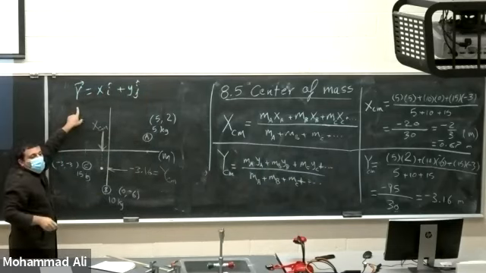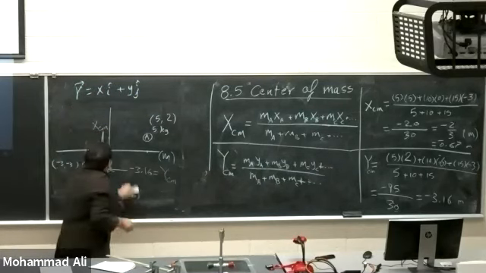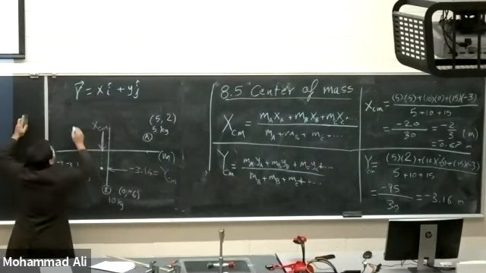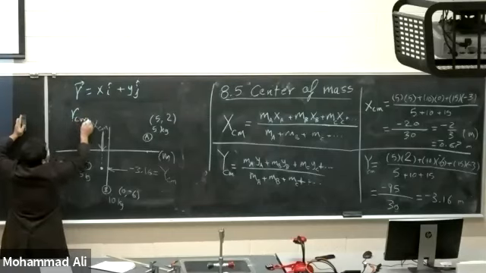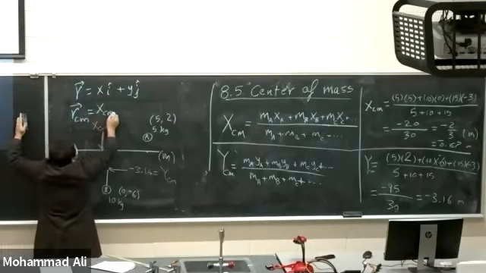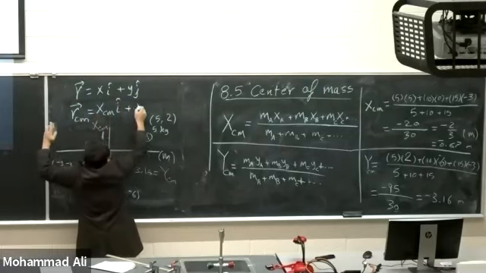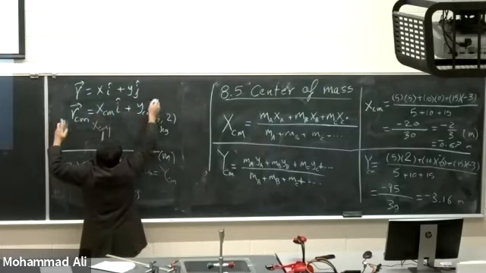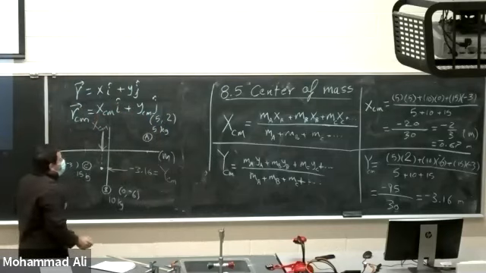Now we have a position vector for a center of mass. We can write R for the center of mass is equal to x center of mass i hat plus y center of mass j hat. It is simple.